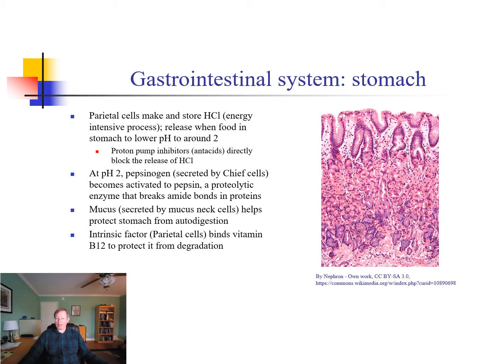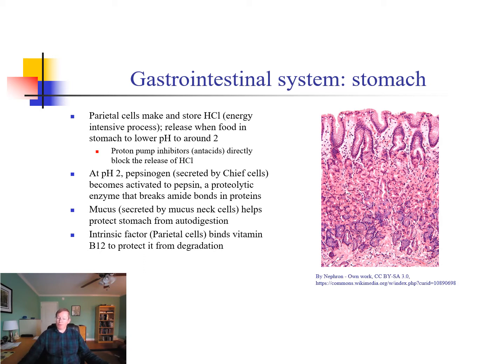Now these parietal cells that are here make and store hydrochloric acid. This is one of the most energy intensive processes in any of the cells in the body. And when the appropriate signal is obtained, for example, we talked about gastrin stimulating the secretion of hydrochloric acid, this will be released.